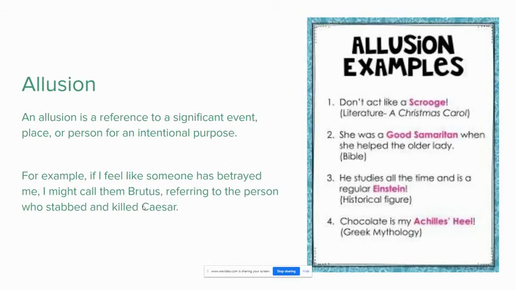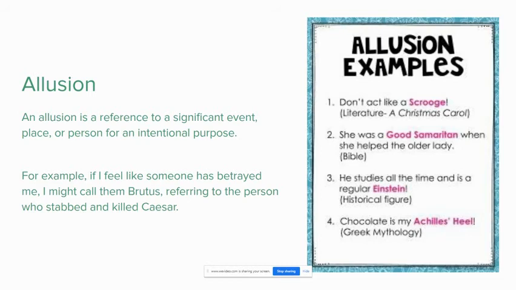And allusion, finally. Allusions are when you are referring to a famous person, place, or event to make a point. So if I had a friend who betrayed me, I might refer to them as Brutus. Brutus was the Roman Emperor Caesar's best friend. And Caesar trusted Brutus.